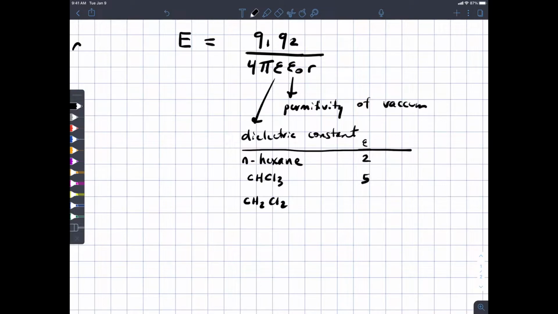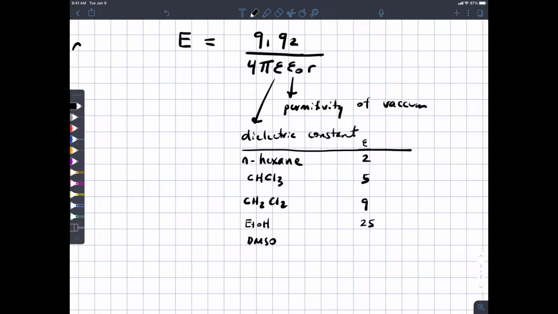Dichloromethane has a dielectric constant of 9, but we're still pretty low. If you get to an alcohol, suddenly you jump up quite a bit. So ethanol has a dielectric constant of 25.